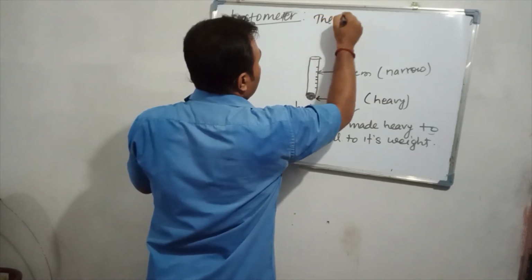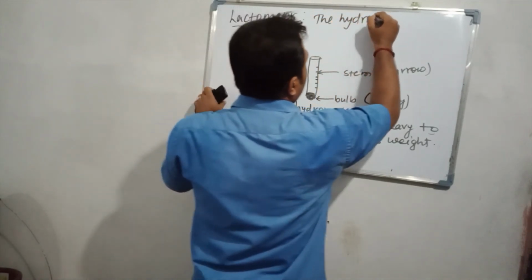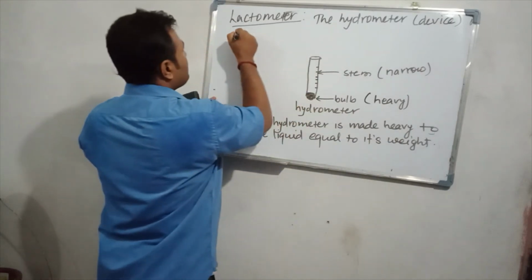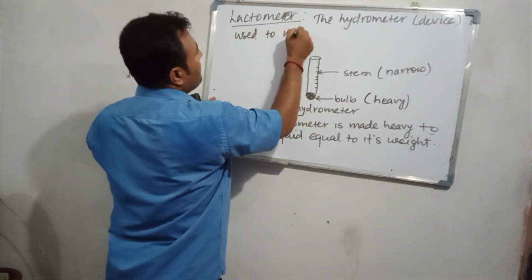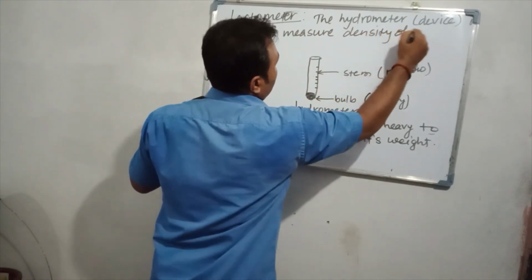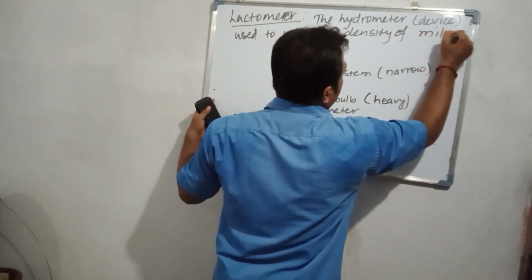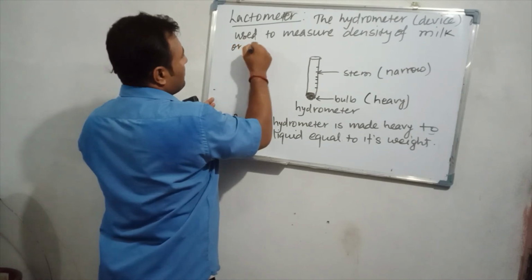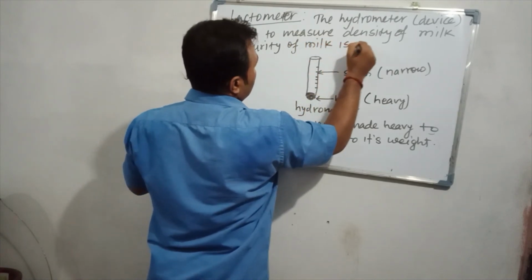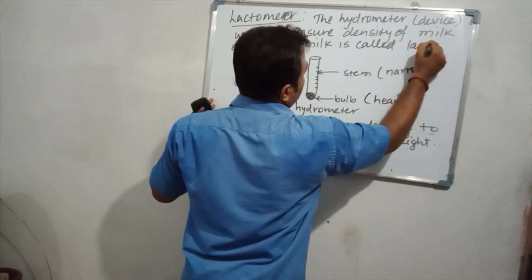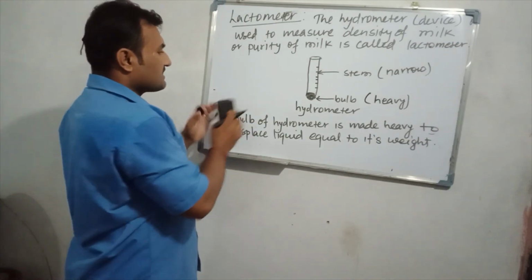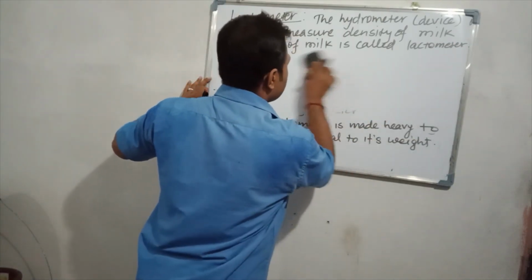Here we write: a device used to measure the density or purity of milk is called a lactometer. A lactometer is a special kind of hydrometer having the same structure. How does it measure the purity or density of milk?